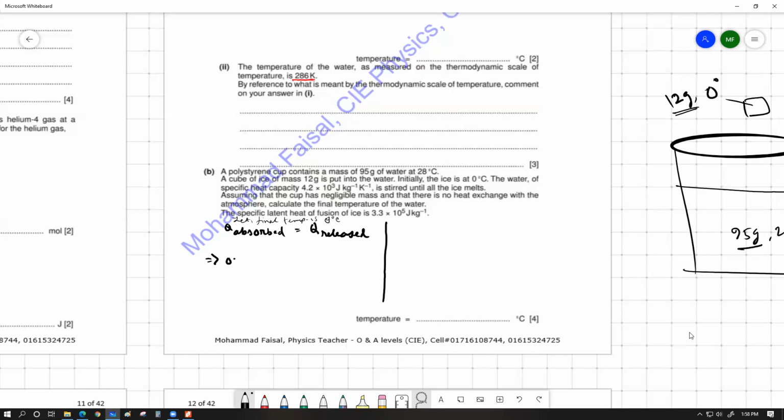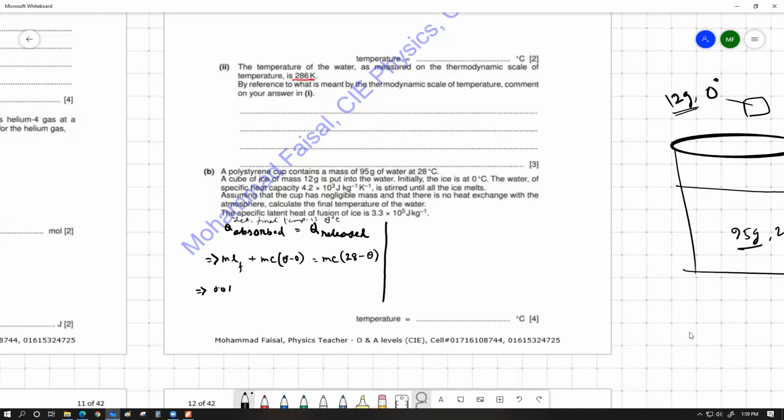What is the mass of the ice? 12 gram, so 0.012 kg. I actually have a bit of difficulty writing the numbers directly because I didn't write the equation first. As an examiner, I would definitely appreciate that you write the equations: M LF plus MC theta minus 0 should be equals to MC into 28 minus theta. This shows that we are going to use these two equations, and then you can slowly start applying these numbers.